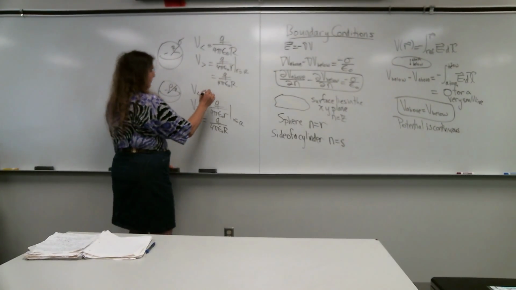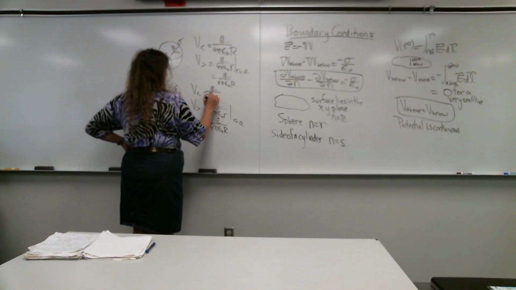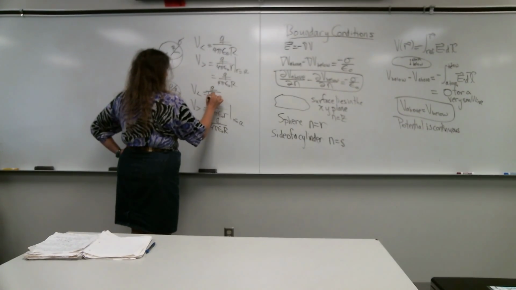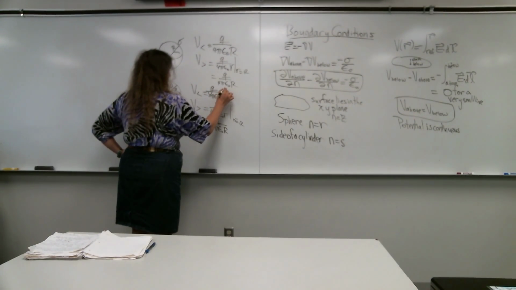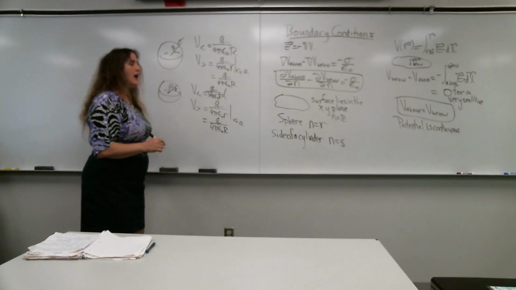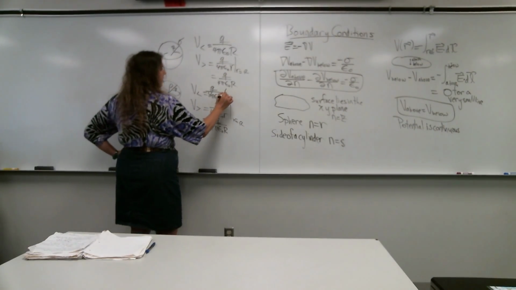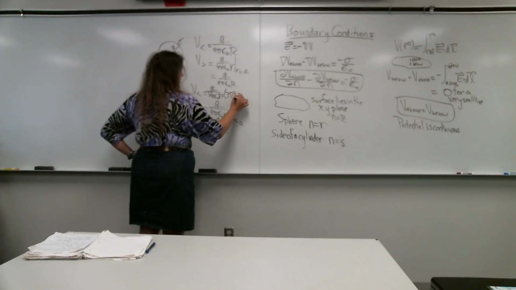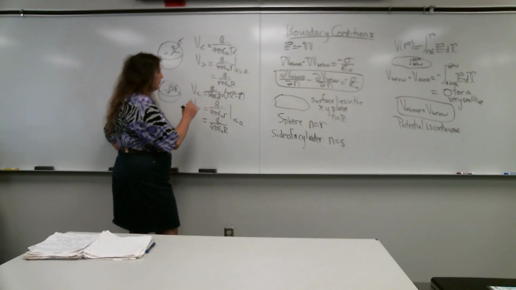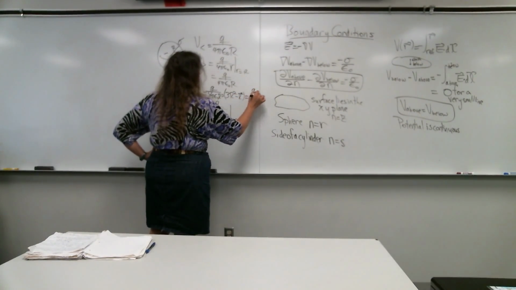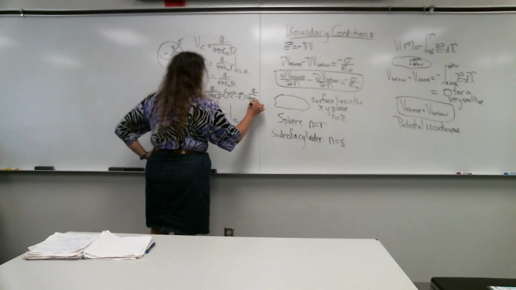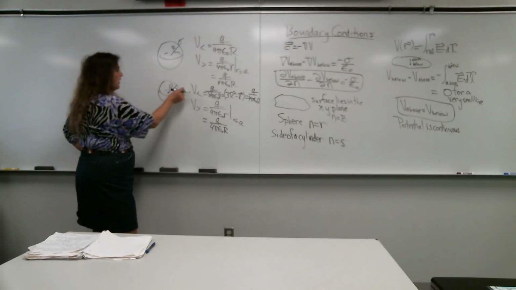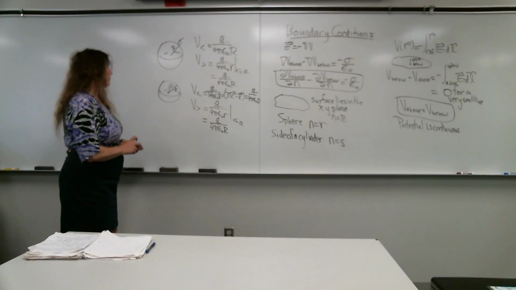On the inside, evaluated at little r equals big R, I'll wind up with 3R squared minus R squared, and that once again gives me Q over 4 pi epsilon naught big R, evaluated at the surface of the sphere.